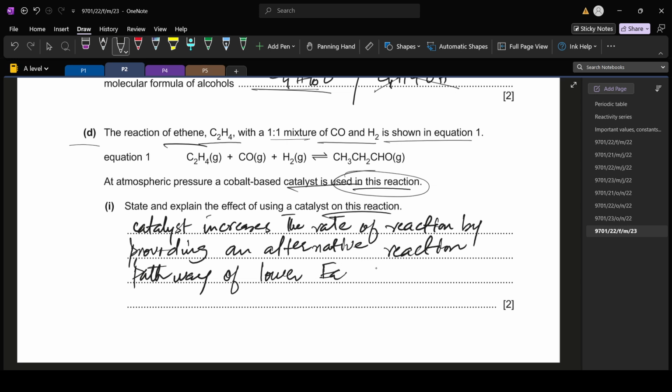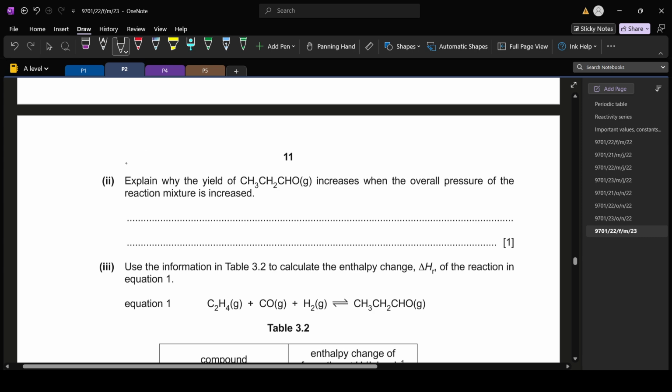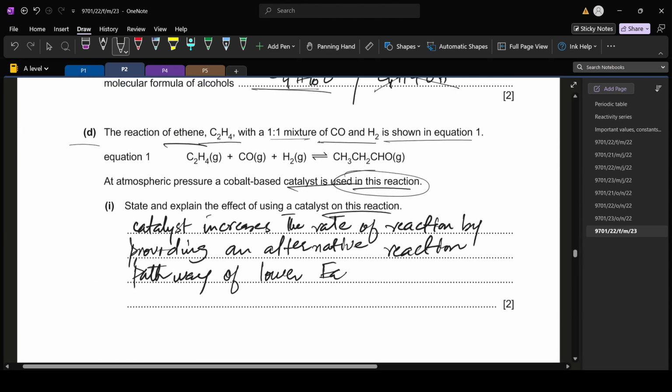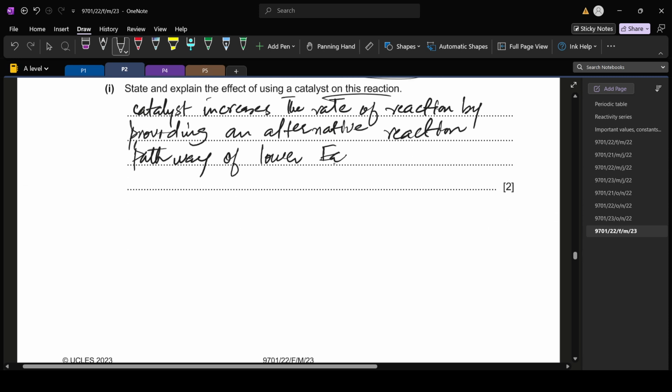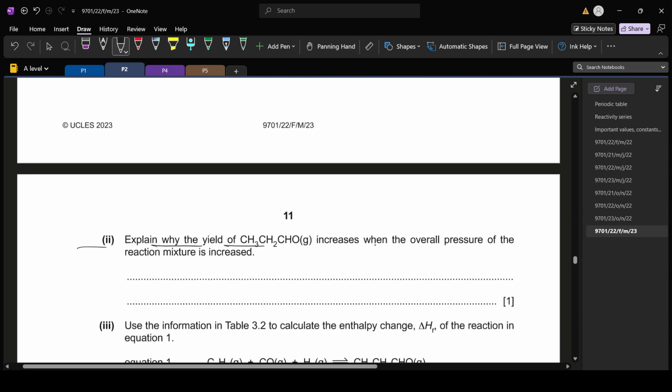Okay, now part 2, explain why the yield of this C3H6, this butane, 1-propanol, sorry, it's actually propanol, increases when the overall pressure of this reaction mixture is increased.